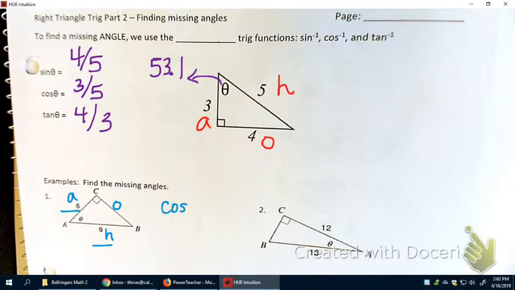So we're going to write cosine, because we don't have an angle, we're just going to write that fancy O, which is a theta, equals A/H. Okay, so what am I going to put in the calculator to figure out that answer? Second cosine 6/9.